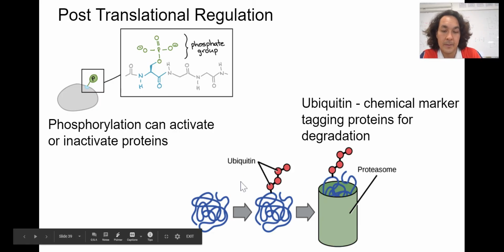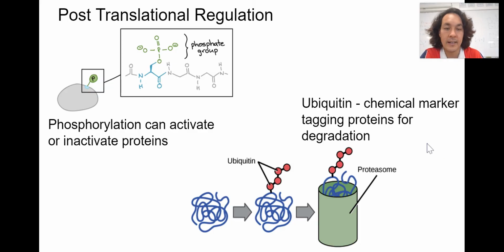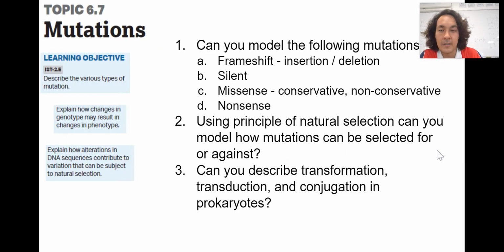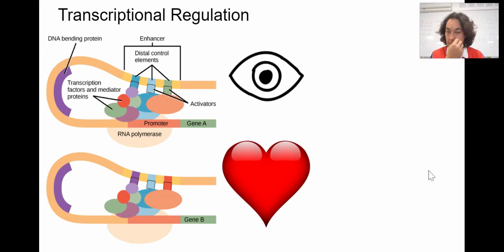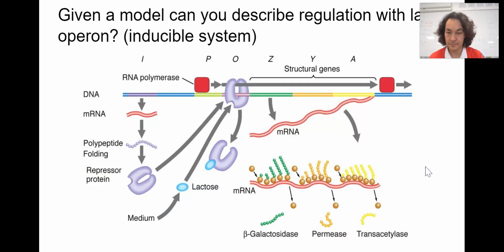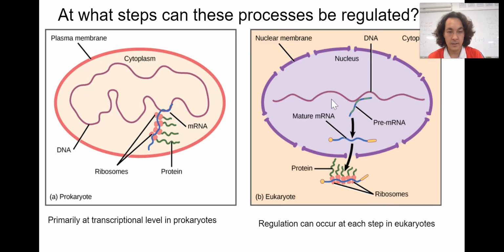And so if you mark it with ubiquitin, then it's going to go to the proteasome, which is like a recycling center, to chop up these proteins so that the amino acids can be used again. So think about all the levels of regulation that we had there. You had whether or not the DNA can be accessed. You had pre-mRNA to mature RNA splicing. You also had the 5' cap and the poly A tail. And there's some research that shows the longer the poly A tail, the longer the transcript might stick around.